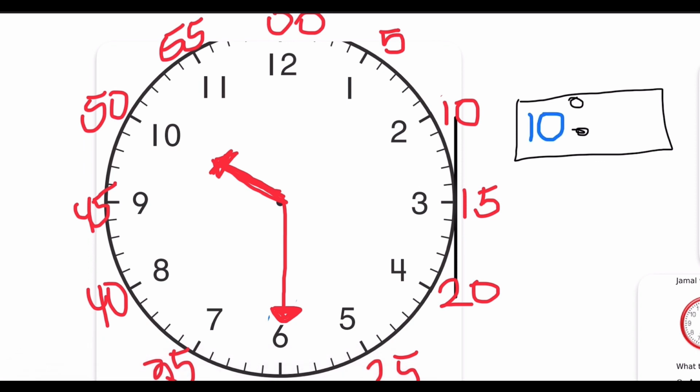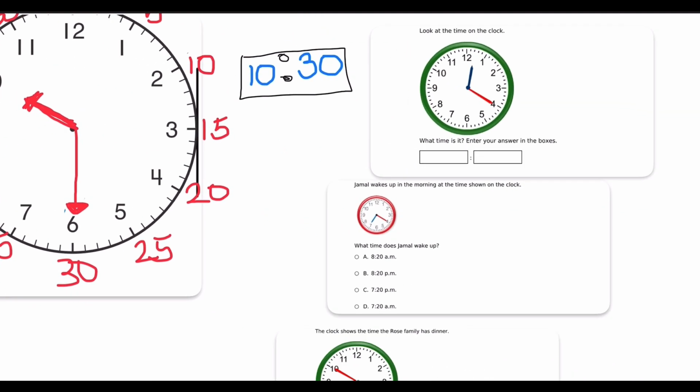So it's 10 o'clock. But now we need to find out the minutes. I noticed that the minute hand is so long, it's pointing by 5s and it's pointing to a 6. 6 means 30. So this is what 10:30 looks like on the clock.